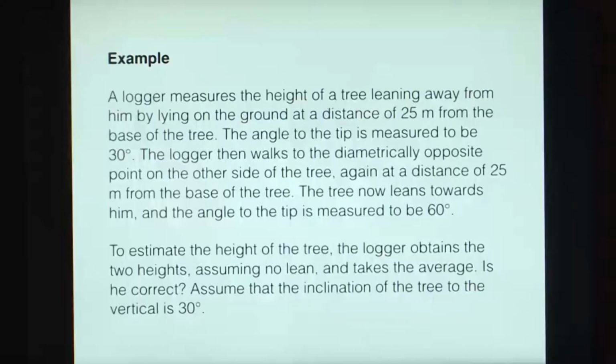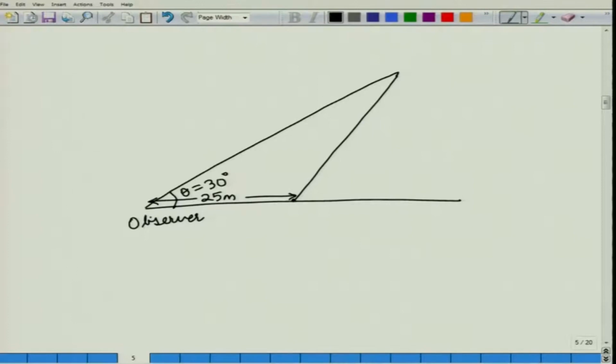Now, in the question it says, the logger then walks to the diametrically opposite point on the other side of the tree, again at a distance of 25 meters from the base of the tree. So, now what the logger has done is, he has moved from the first position to another position that is diametrically opposite.